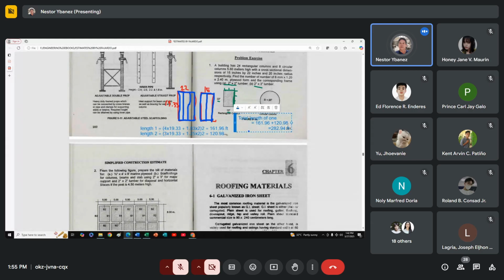That's only for one column. For 24 columns, it equals 282.94 times 24, which is 6,790.